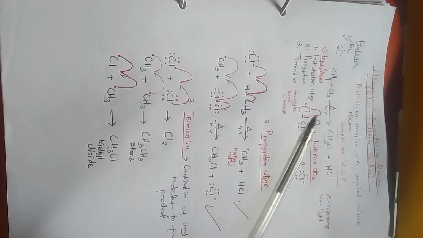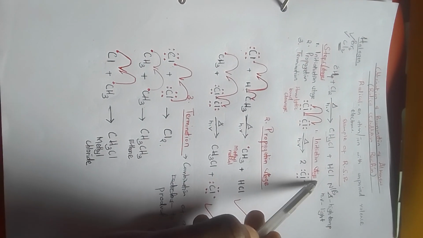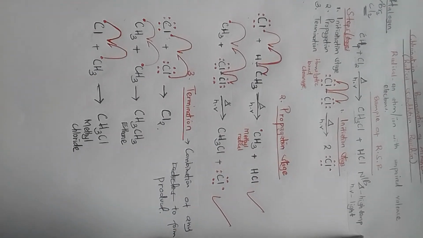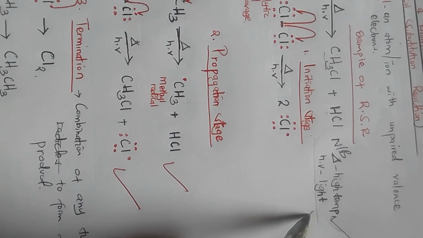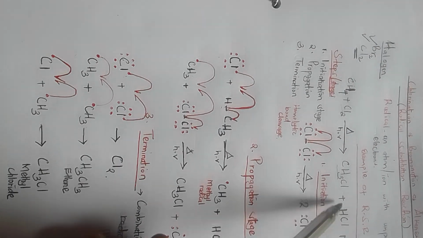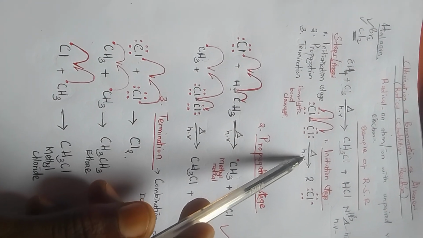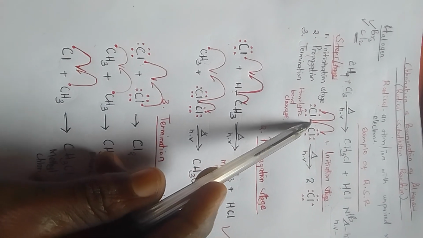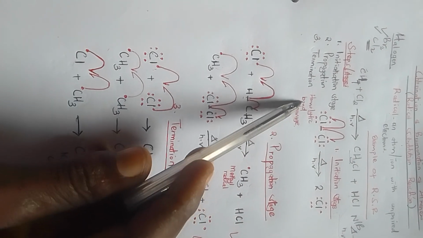Remember, very importantly, that this reaction was taking place under some conditions, and the conditions were high temperature and light energy. Remember we said the reaction is taking place at different stages. The first stage was the initiation stage, where the halogen homolytically gets cleaved, and that is called homolytic bond cleavage.